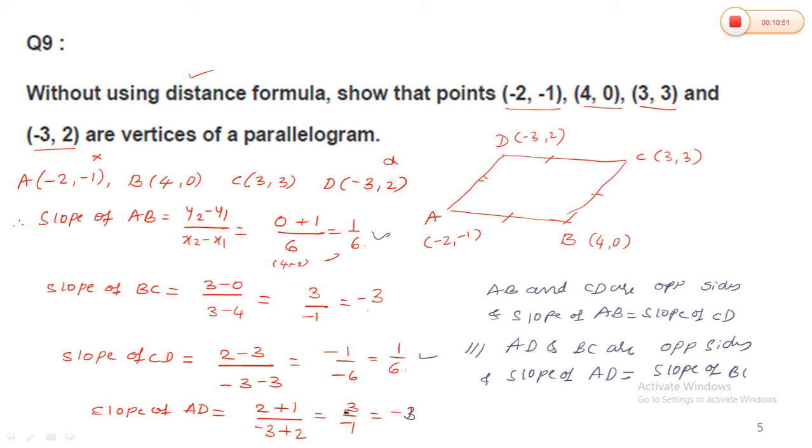So this is also equal to minus 3. So therefore slope of AD equals slope of BC. Therefore this implies ABCD is a parallelogram.